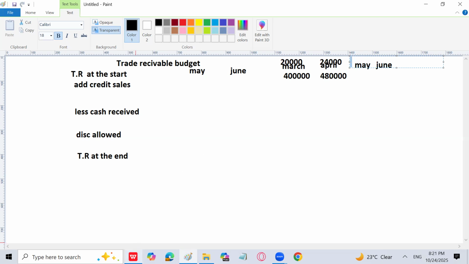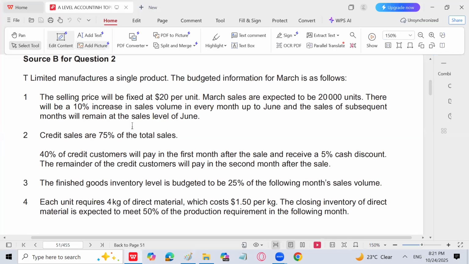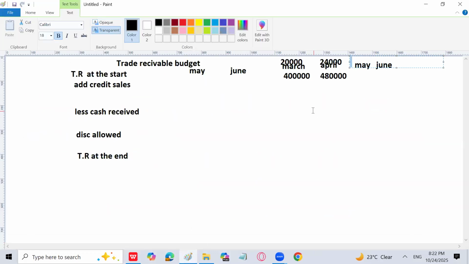So how are you doing that? Let me explain. It is clearly stated that the March sales are expected to be 20,000 units and there will be a 10% increase in the sales volume, volume meaning the units, every month up to June, and then it will remain the same. And the dollar selling price is fixed at $20 per unit. So 20,000 into 20 will become 4 lakh. Then 24,000 into 20 will become 4,80,000.